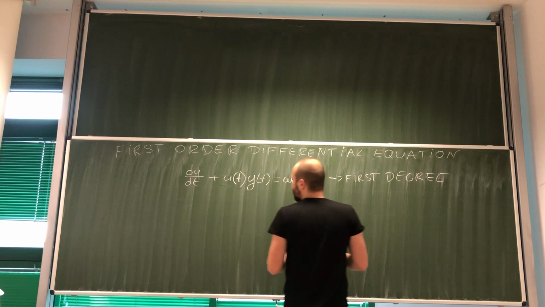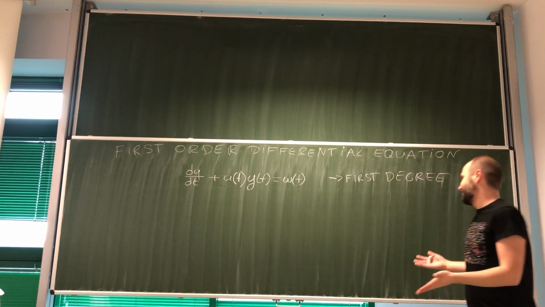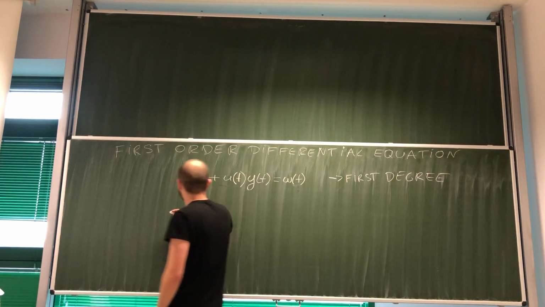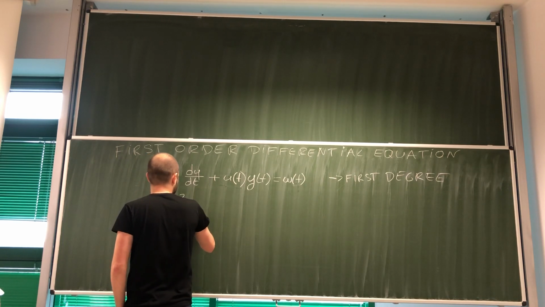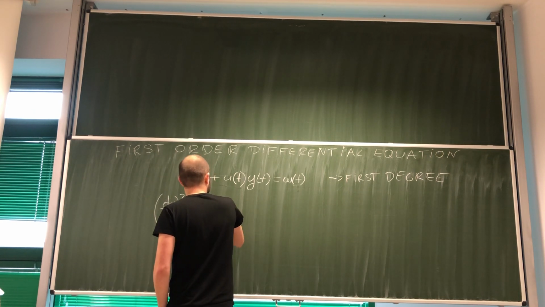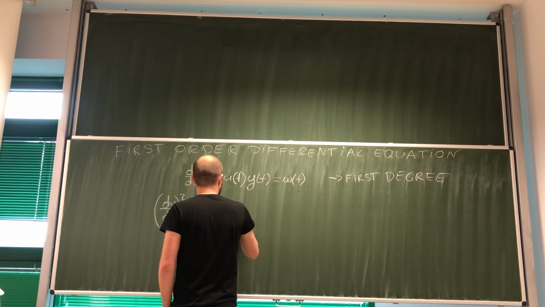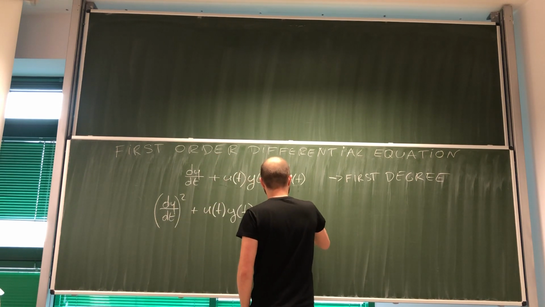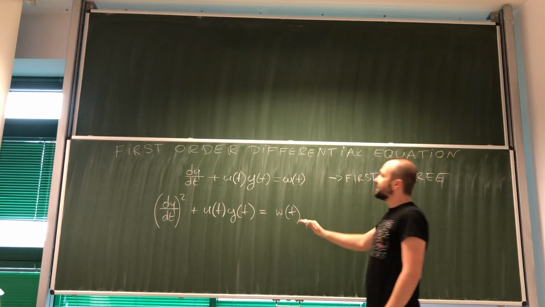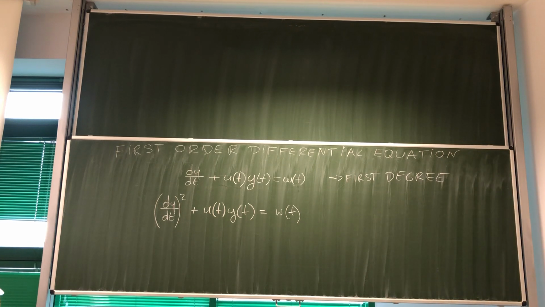Now look, for example, if we would have an equation like this, this is still a first order differential equation. Why?